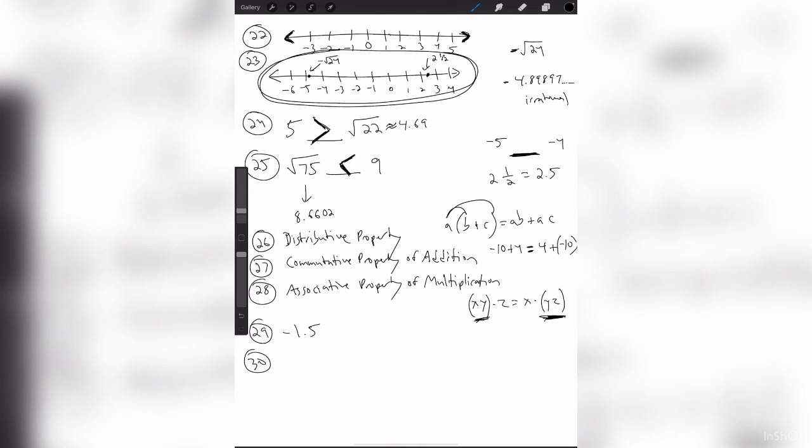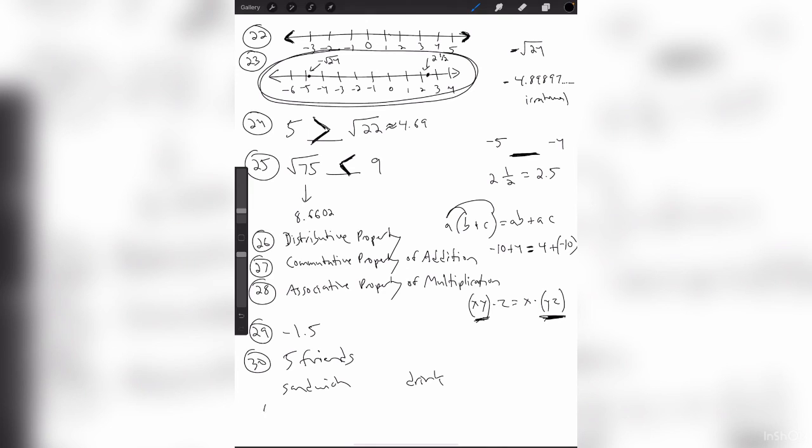Last one, number 30. Number 30 says 5 friends each ordered a sandwich and a drink from a restaurant. So there's 5 friends. Okay, they each ordered 1 sandwich and 1 drink. Each sandwich costs the same amount, and each drink costs the same amount. What are two ways to compute the bill?